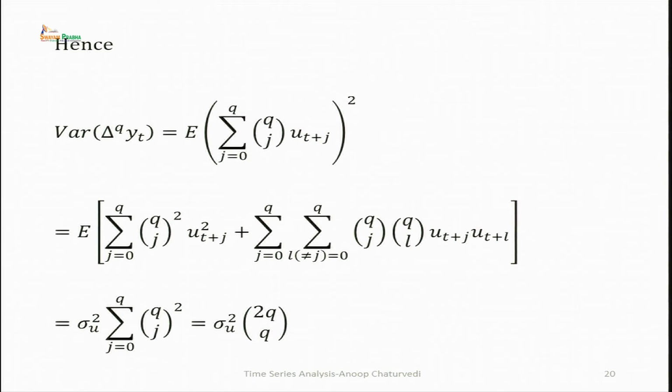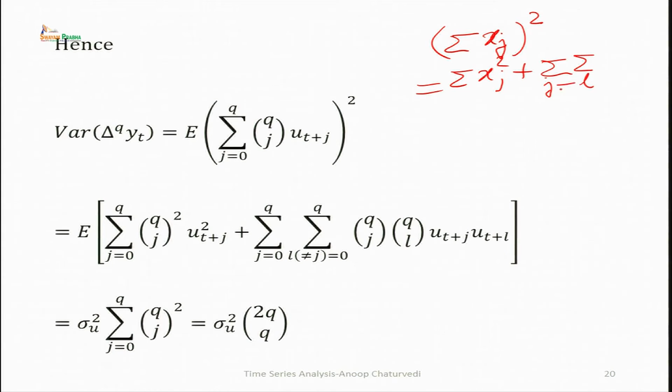Then suppose you have any sequence x j. Then the square of the sum can be written as summation x j square, then you have cross product terms, summation over j, summation over L, j is not equal to L, x j x L. So, we use the same formula here.